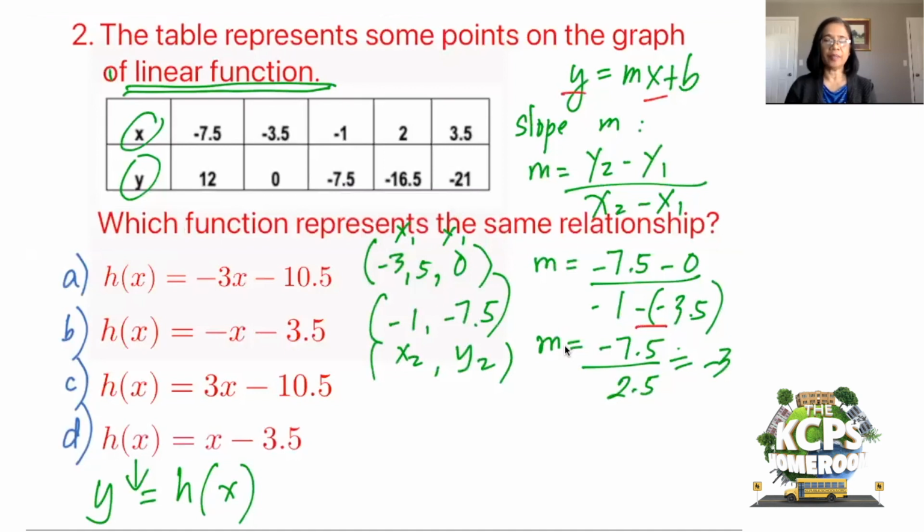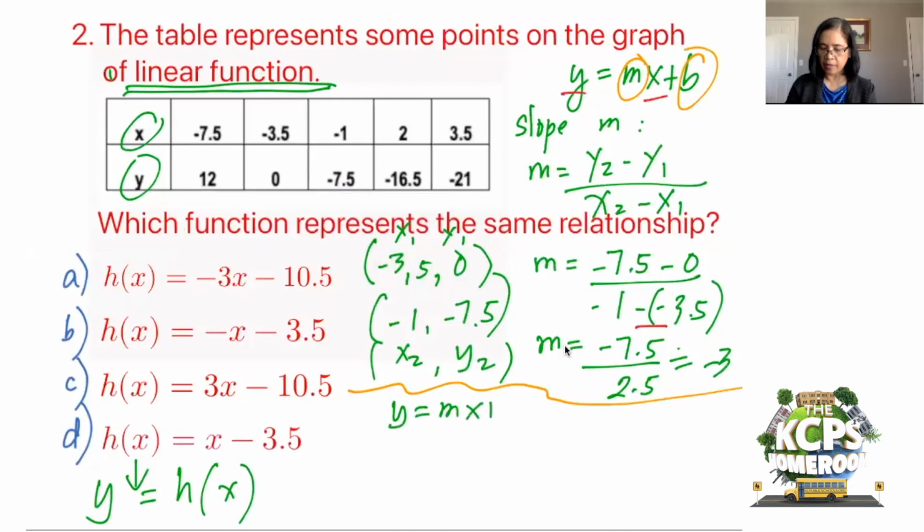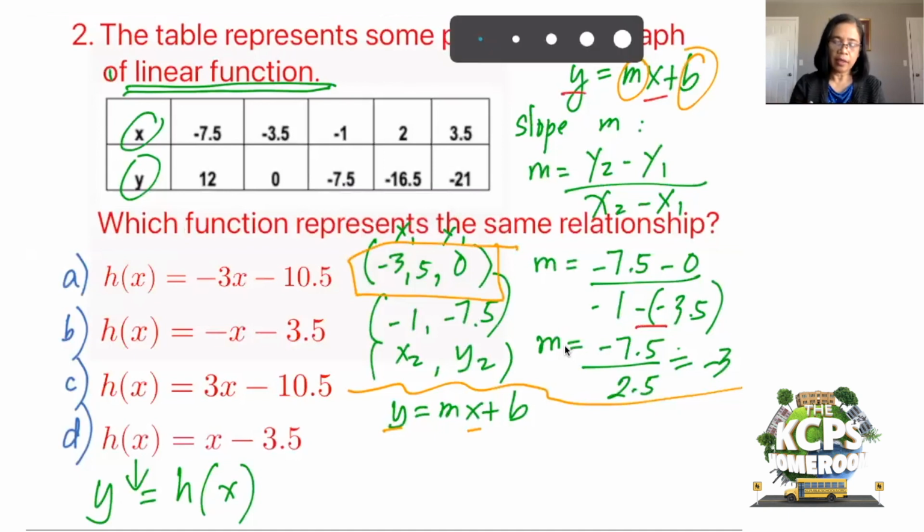Our next step, after finding the value of m, is to find the value of b. We need our b and m. So we have y equals mx plus b. To solve for b, we can substitute any values for x and y here. I will choose a more convenient point, which is negative 3.5 and 0 as my x and y. Substituting, y will be 0.